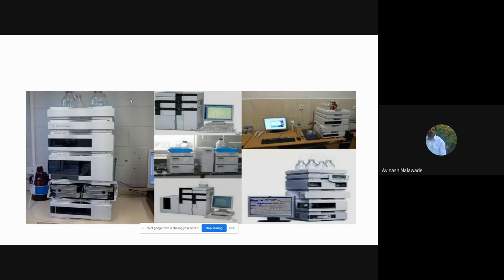The major parts of this HPLC are the solvent container, then the pumps which are used in the HPLC, then the detectors and other parts. So this is the general way in which we view the HPLC instrument.